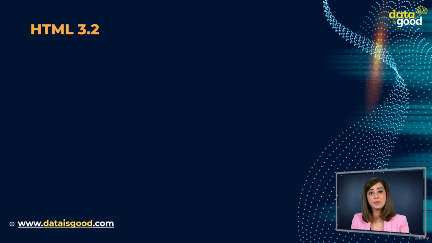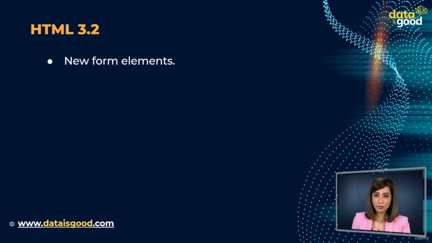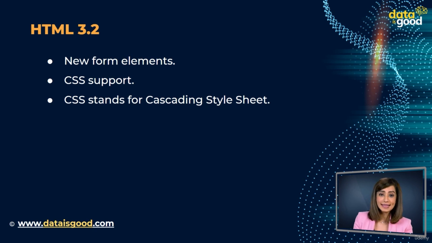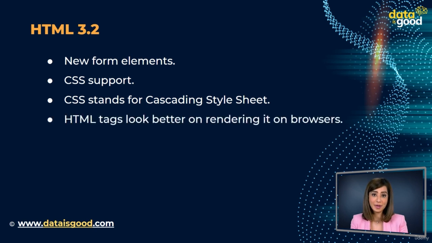Now, HTML 3.2 has better support for new form elements. Note another important feature that HTML 3.2 implemented was CSS support. CSS stands for Cascading Style Sheet. It is CSS that provides features to make HTML tags look better on rendering it on browsers.